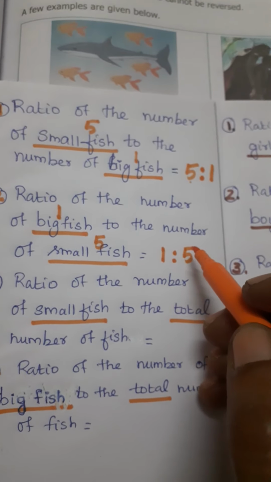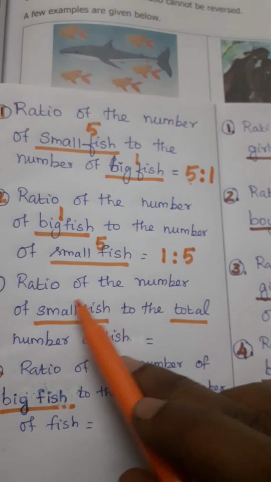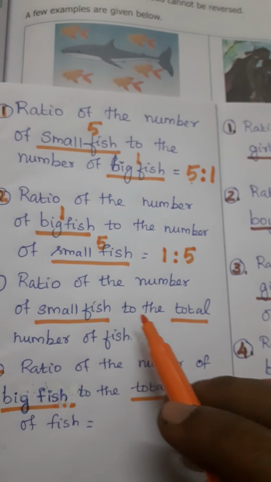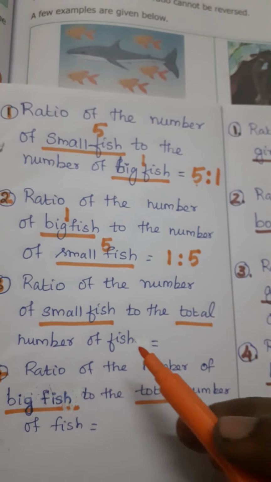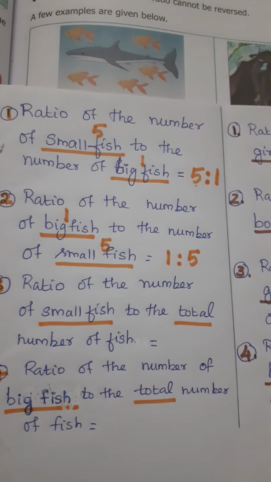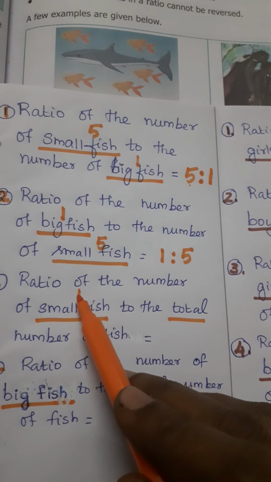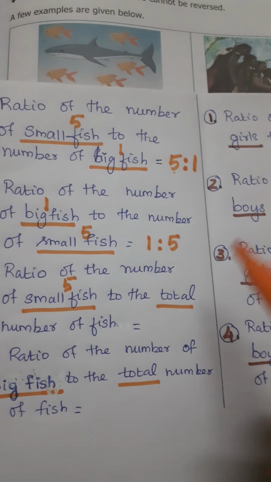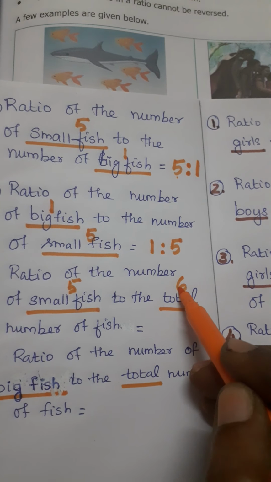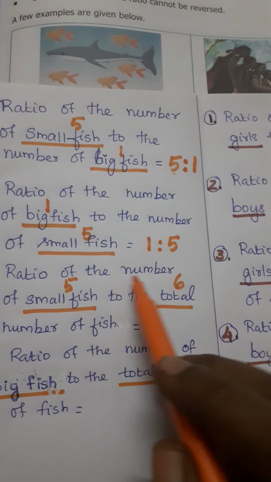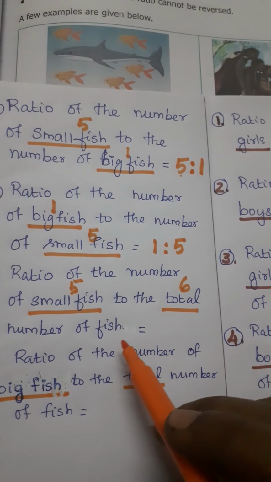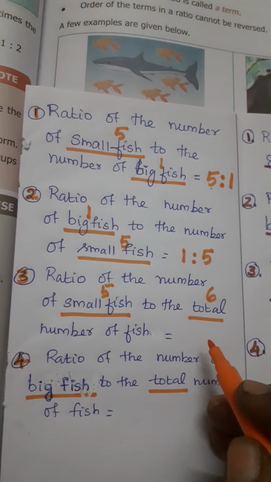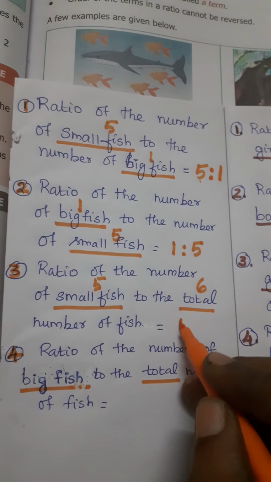Understood? And next, the ratio of the number of small fish to the total number of fish. Number of small fish is 5 and the total number is 5 plus 1, that is 6. So, the ratio of the number of small fish to the total number of fish is 5:6.